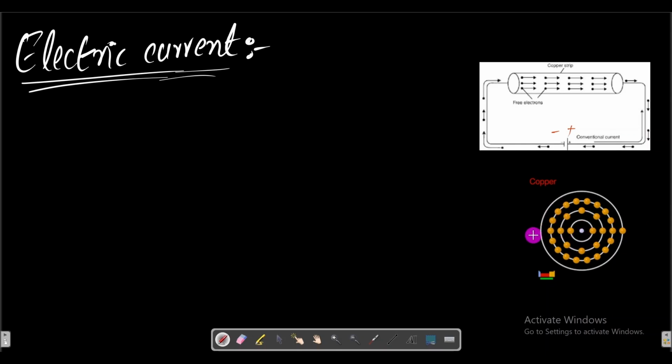Copper has atomic number 29, therefore there are 29 electrons revolving around the nucleus. Inside the nucleus we have protons with positive charge.